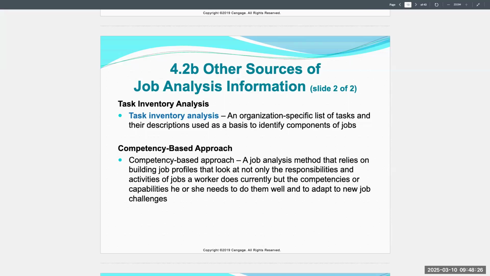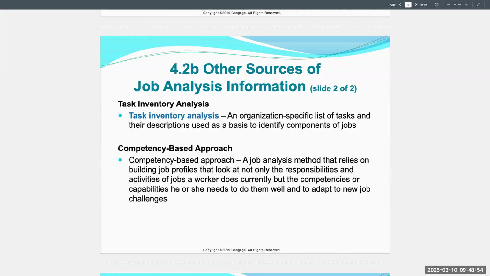required for success. Task inventory analysis is a structured approach where organizations compile a detailed list of task performance within a job. This method is useful for breaking down roles into essential components, ensuring that every aspect of the job is documented. Organizations often rely on this method to standardize roles, especially in industries where job duties are highly specific.